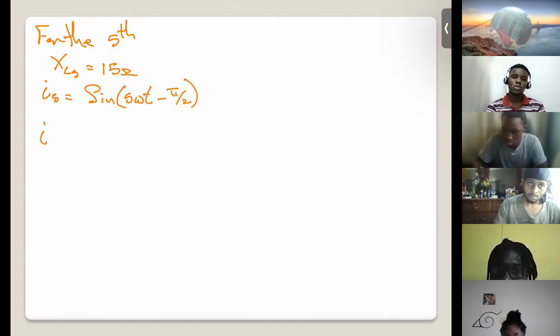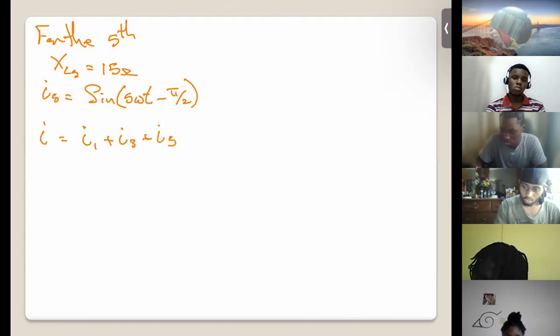Which means that the complete expression would be equal to I1 plus I3 plus I5. You don't have to write that, I'm just writing it here.